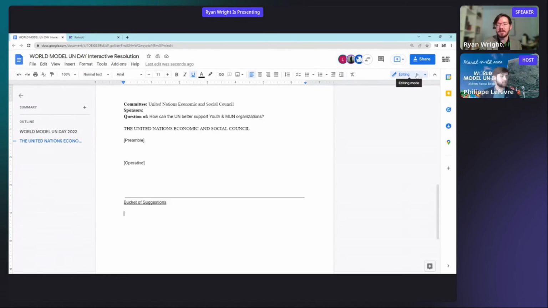It could be something specific like an entire written out operative clause, or it could be something general like, hey, I noticed we need an operative clause dealing with how the UN is already involved with MUN organizations, for example. Something that maybe hasn't been touched on, but you don't have a concrete idea for. So that could be where there's a lot of communication going on.